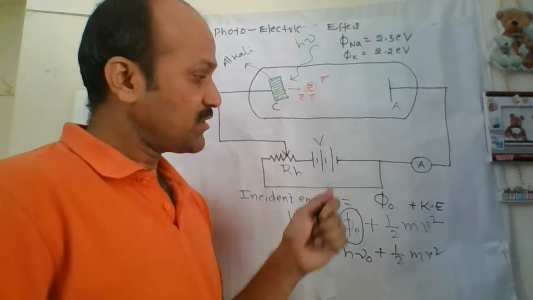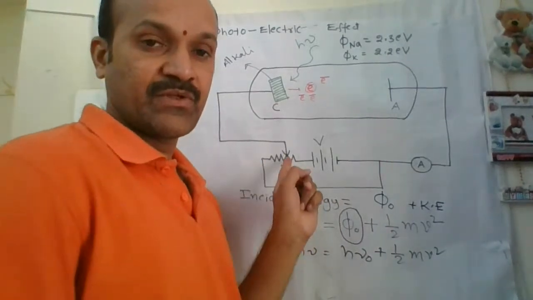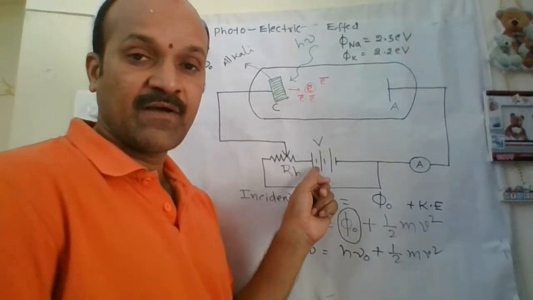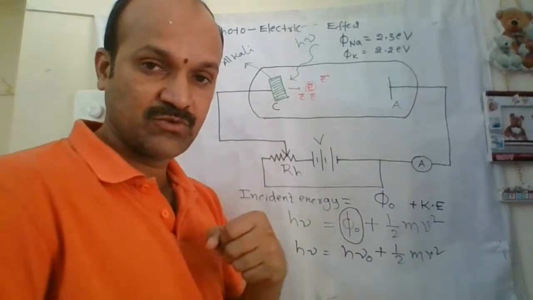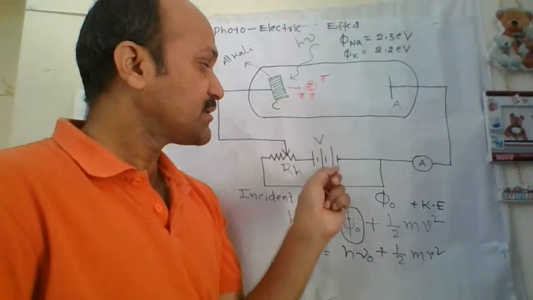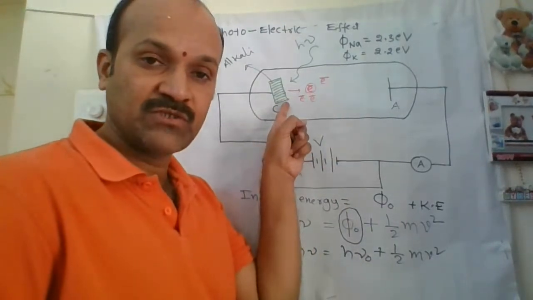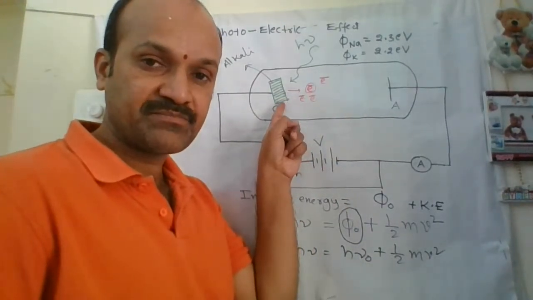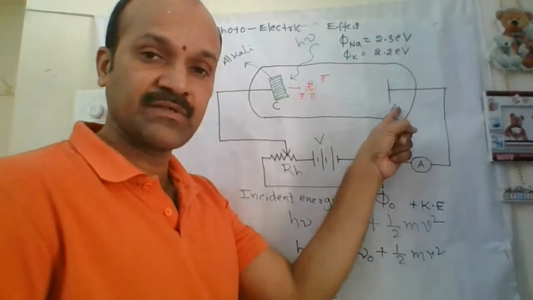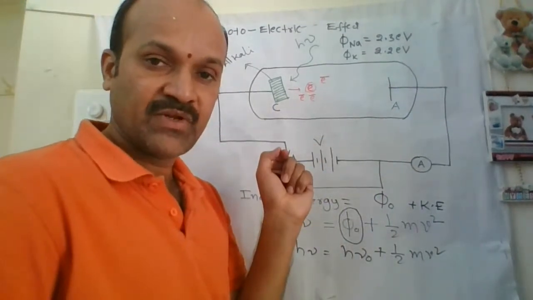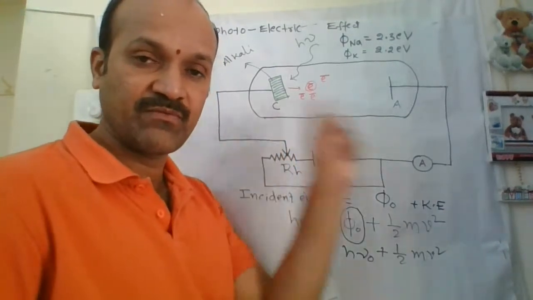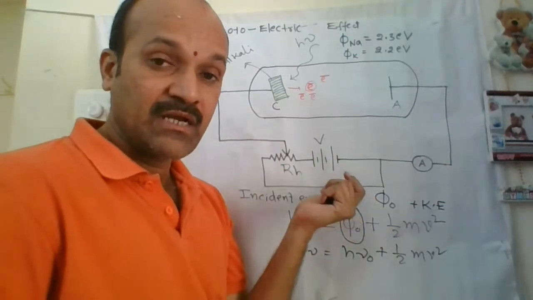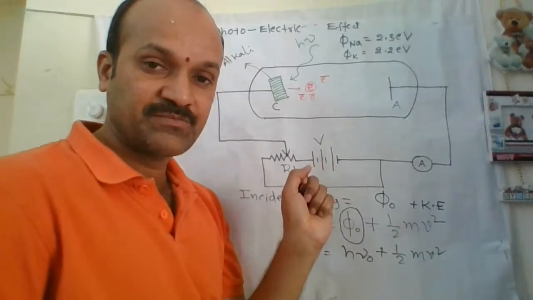For that, see here how we are applying the potential difference between these two electrodes. Here positive potential is applied, and here we are applying negative potential. So when electrons are emitted, they move from one direction to the other. Now we reverse the polarity.